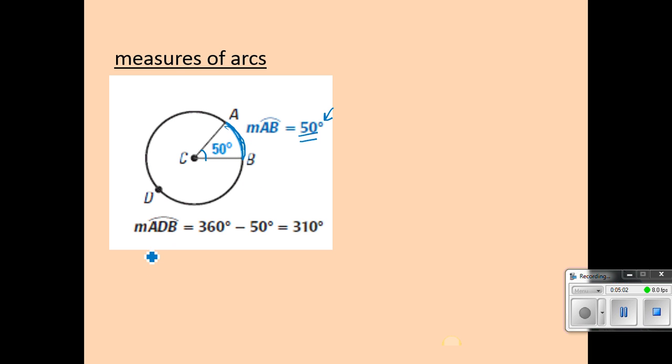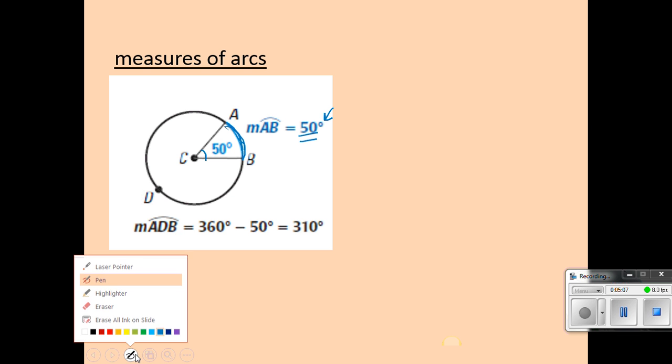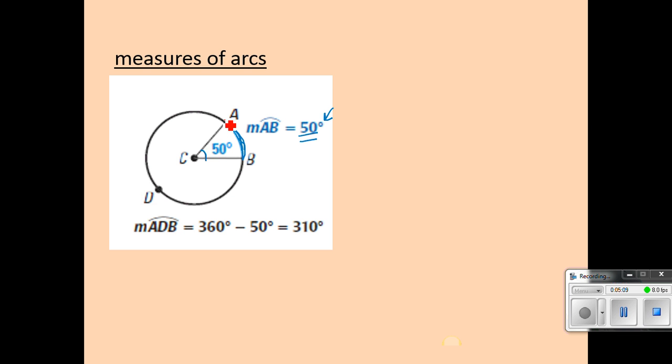If I wanted to talk about the measure of ADB, so if I'm talking about the major arc here, ADB, that angle is 360, the total degrees, minus the minor arc, and it would equal 310, which would be the major arc.